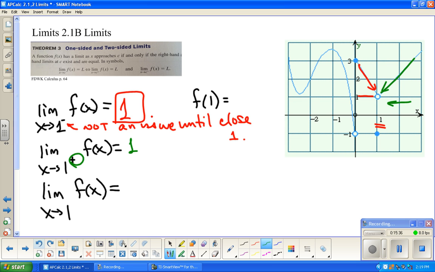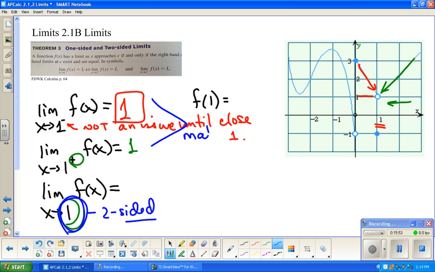Now stay focused on what the question's asking you. As we approach 1, this is a new question now. As we approach 1, which side? Again, this is two-sided, and for two-sided to work, these two have to match. Well, do they match? They do.